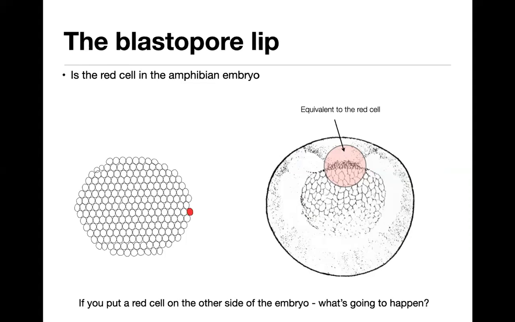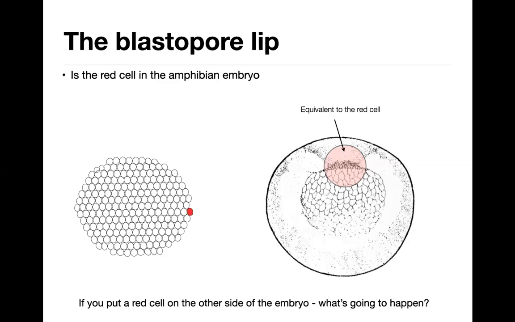I'll talk a little bit about that in a later lecture. It's essentially where gastrulation starts in the amphibian embryo. It will give rise to the head and the back of the embryo, so the head, the neural tube, and the vertebrae of the embryo.